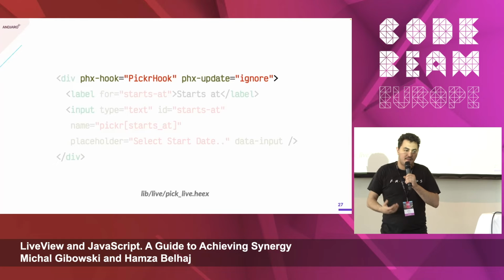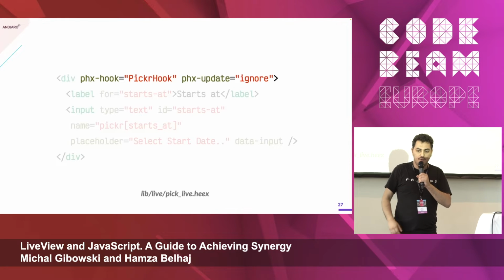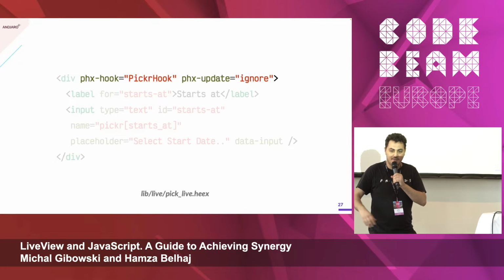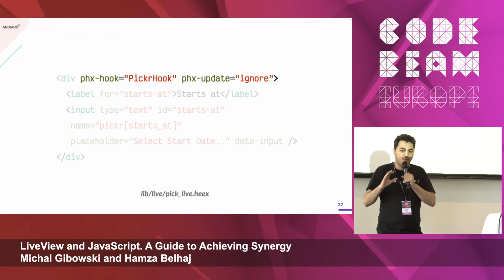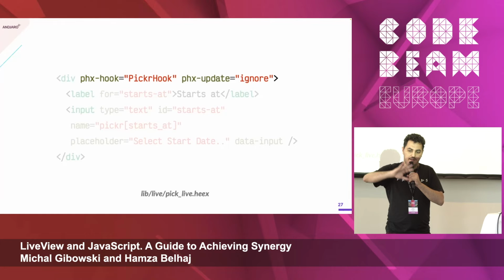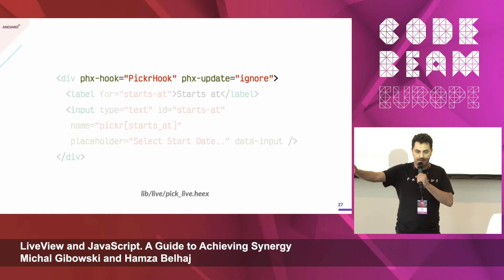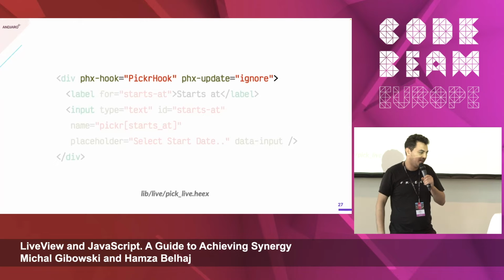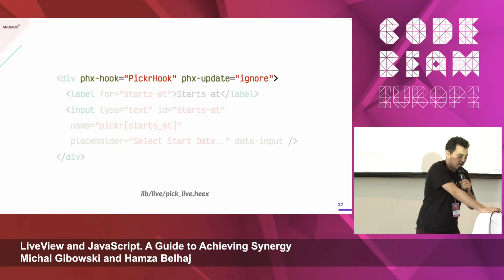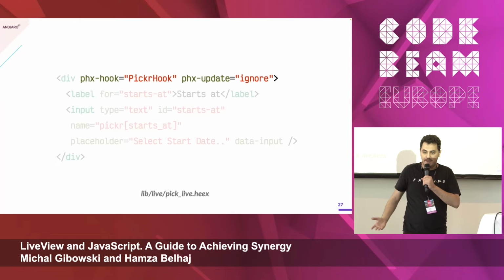What this really means is that we are telling LiveView, please ignore this part, which means that whenever the server, for example, pushes updates, LiveView will not handle this part. It will be handled by the picker hook separately. So basically, we are isolating this part from the rest of the LiveView. And that's all we need in our template.